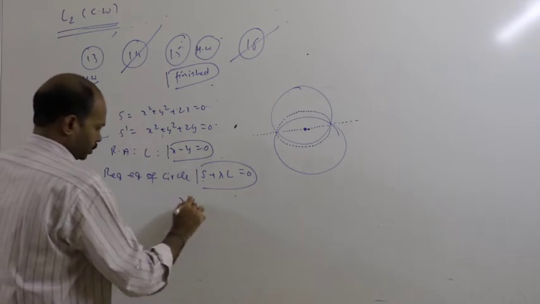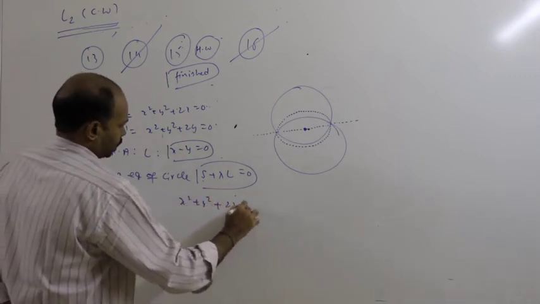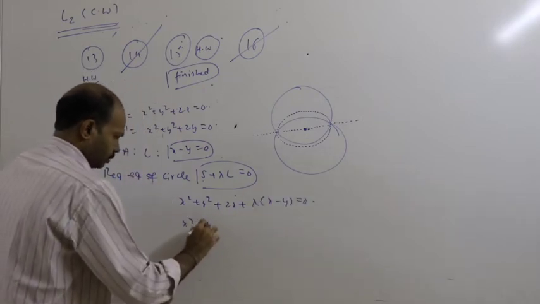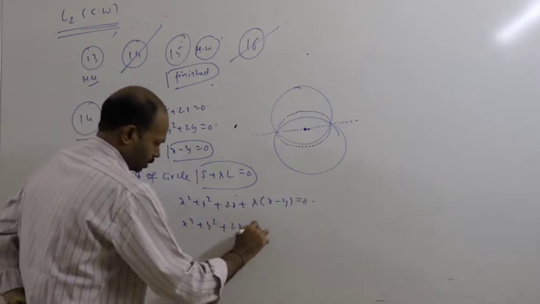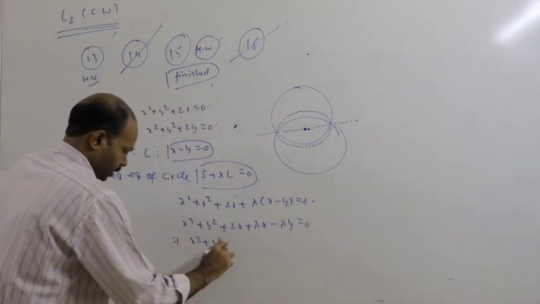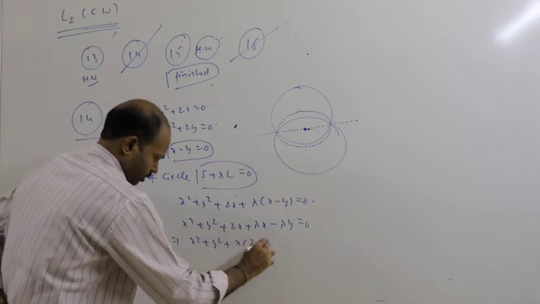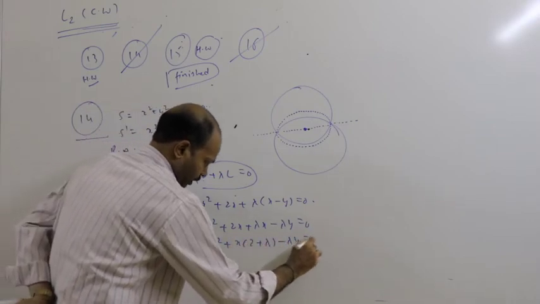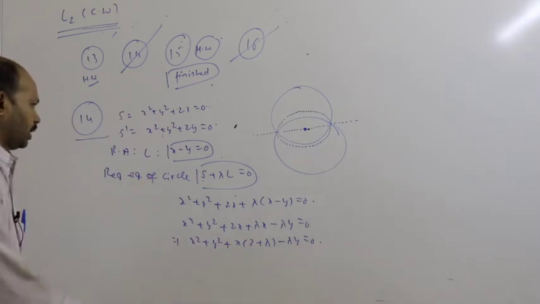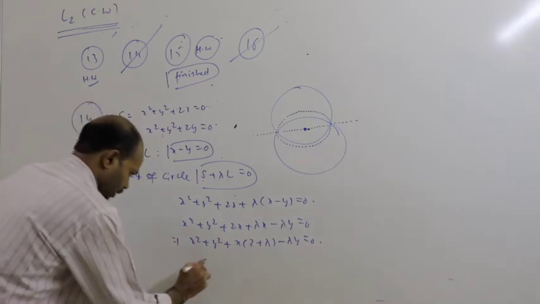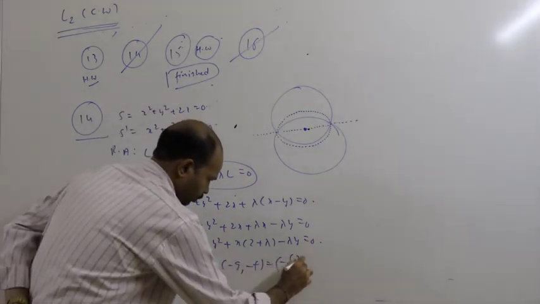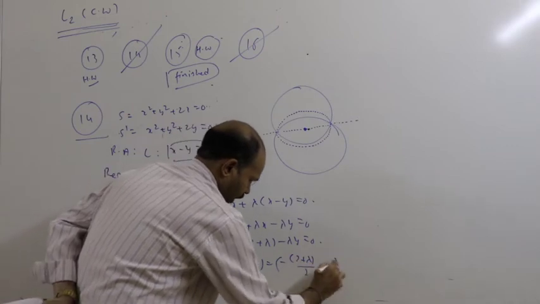Apply that: x square plus y square plus 2x plus lambda into x minus y, that is x square plus y square plus (2 plus lambda)x minus lambda y is 0. Note that this is the circle, but it has the same line as diameter. So find the center: minus g, minus f. This is minus of (2 plus lambda) by 2, comma lambda by 2.